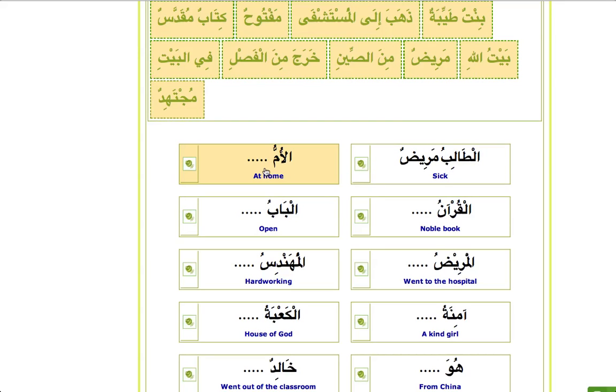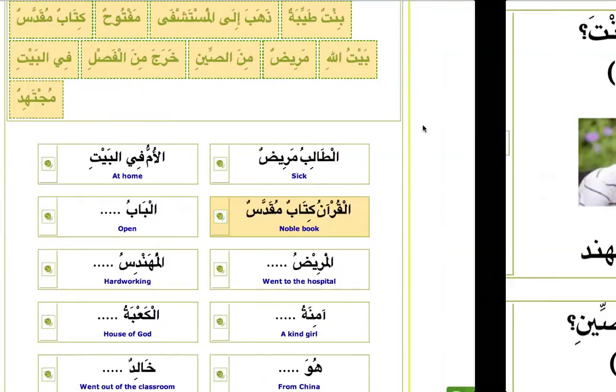At home is al-ummu fil bayti. Al-Qur'anu is a noble book. So I say Kitabu Muqaddasun. So inshallah this will be sent to you as a homework, so you can practice and do this, inshallah.